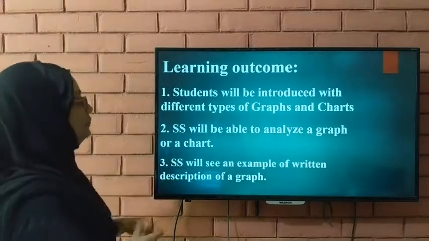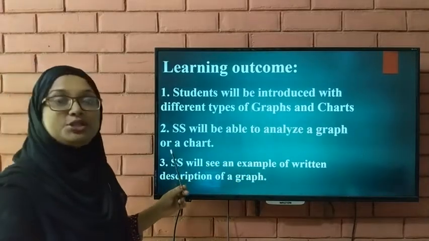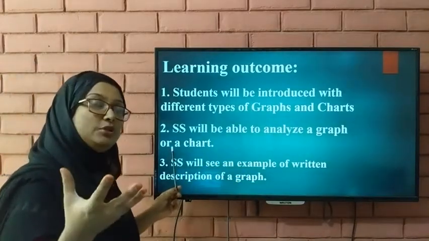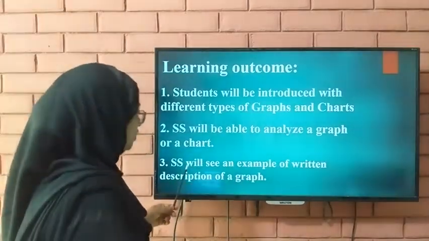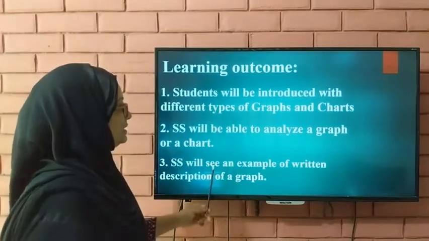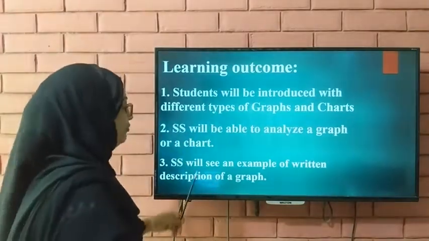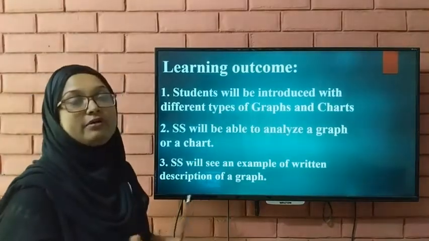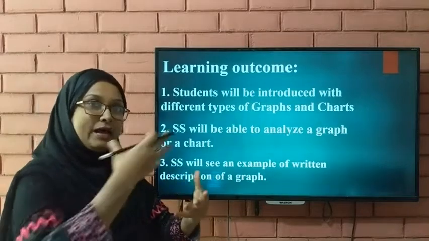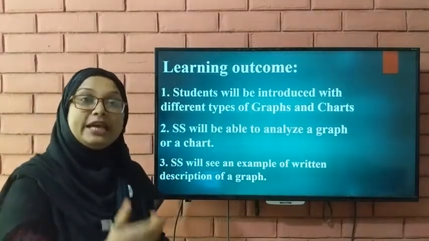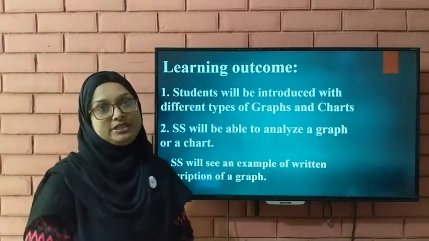Students will be able to analyze a graph or a chart, how to analyze it. And also you will be able to see an example. Today we will see an example of a written description of a graph. How a graph can be described, analyzed, and summarized, we will learn from today's class.